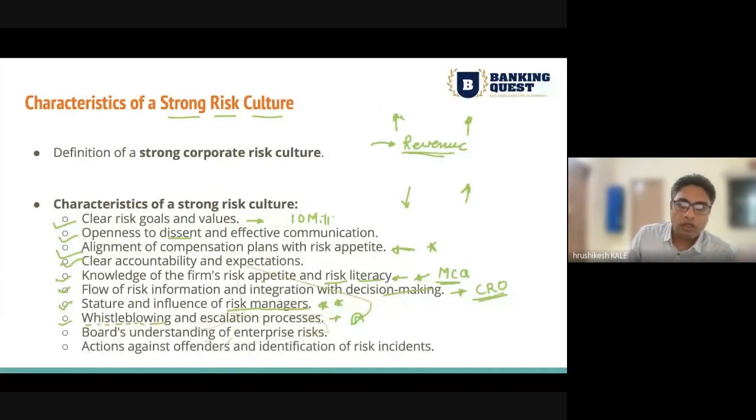Board understanding of enterprise risks. Even boards should be educated about the various risks which a company is facing and how to reduce the risk. Action against offender and identification of risk incidents. So how many incidents took place in the last 1 year in our company and how we can mitigate them.